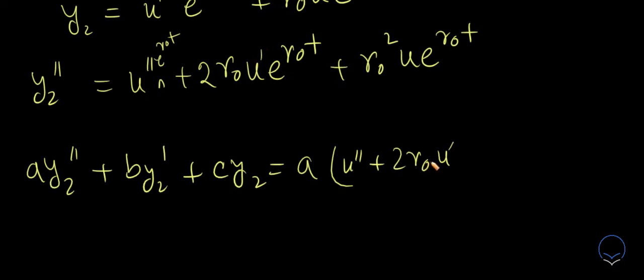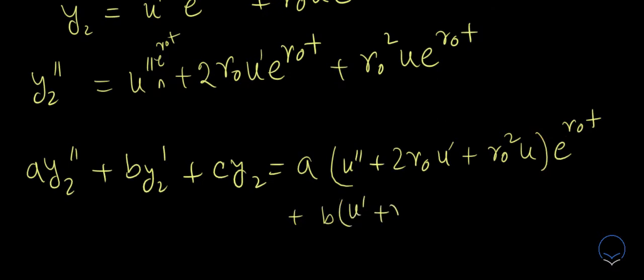So u double prime plus 2 r0 u prime plus r0 squared u, and I'm factoring out this e to the power r0 t. Then you will have b times u prime plus r0 u, times e to the power r0 t. Then finally c u e to the power r0 t.